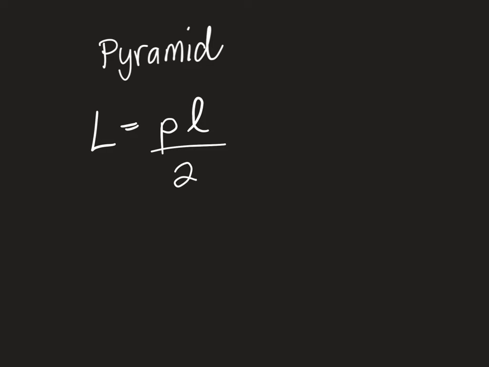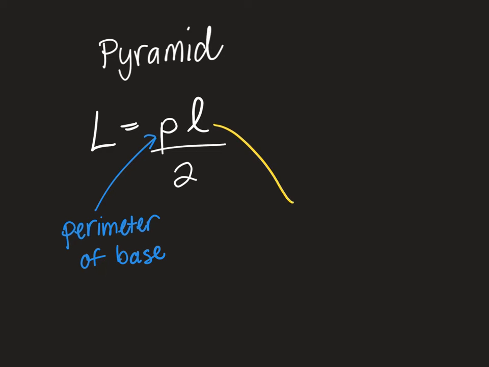So this is the perimeter of the base. And this is what's called the slant height. It's like a cursive L. That's what I drew it as, mostly because if I don't do it that way, my L's look like ones.